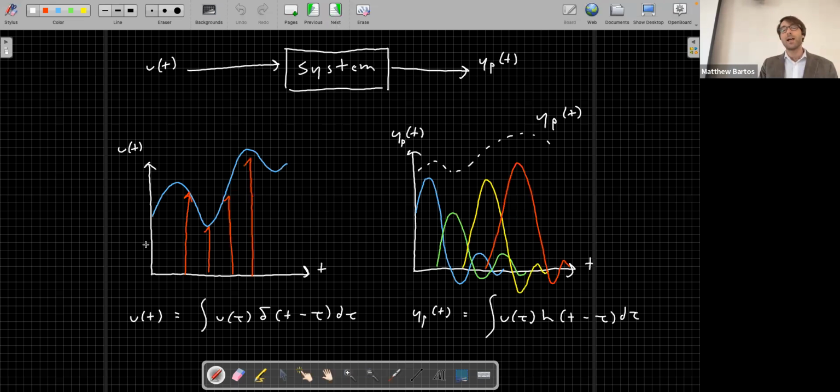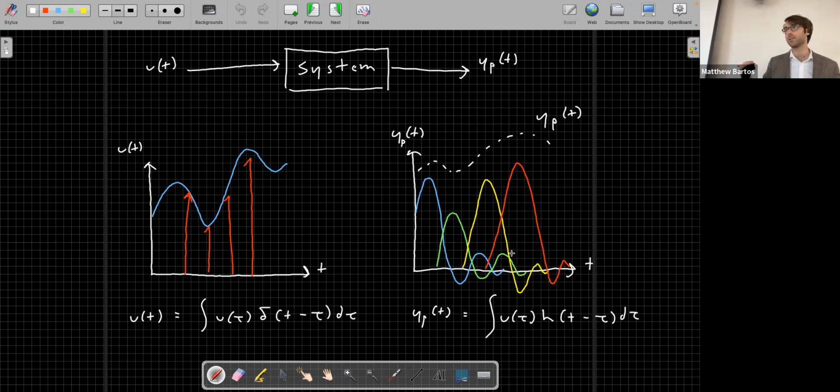Thus, we can think of any arbitrary input to the system as being represented by a train of impulses. So any input signal to the system you can think of as just a bunch of little impulses added together in sequence. And each one of those impulses produces some scaled impulse response. Thus, we can obtain the response of the system to any arbitrary input by hitting the system with all of those little impulses, computing the responses to each one of those impulses, and then adding them up via integration.